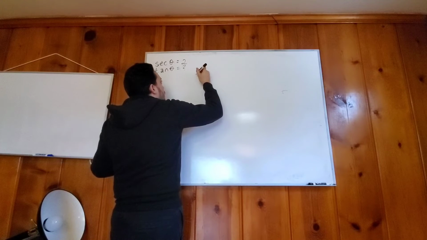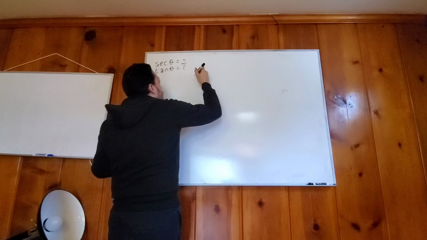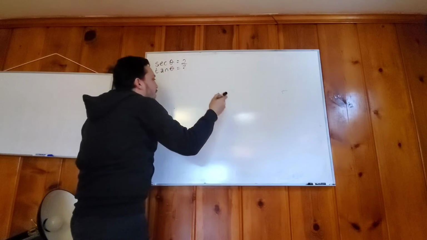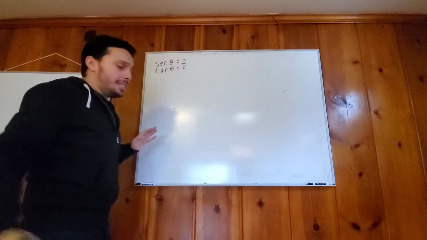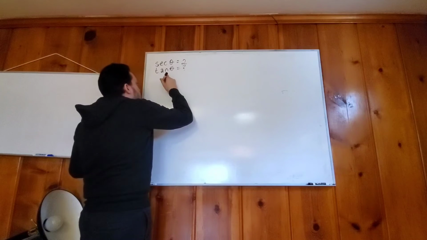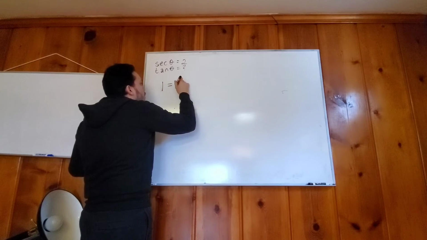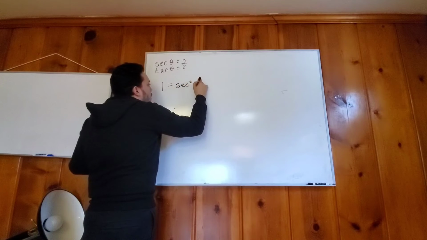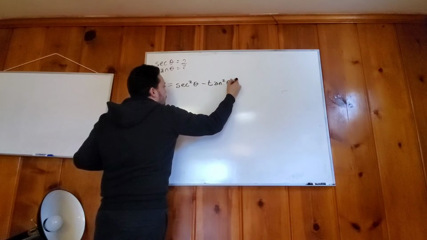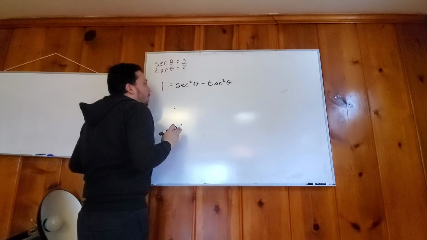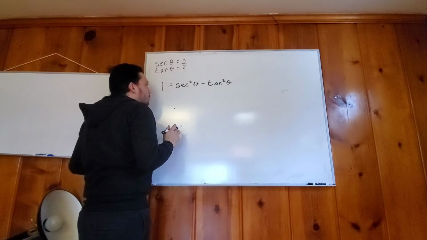So we have, okay, the first thing that we need to do is remember what we just did with the identities, right? One of the identities was 1 equals secant squared theta minus tangent squared theta. That's literally one of the identities that we just did.